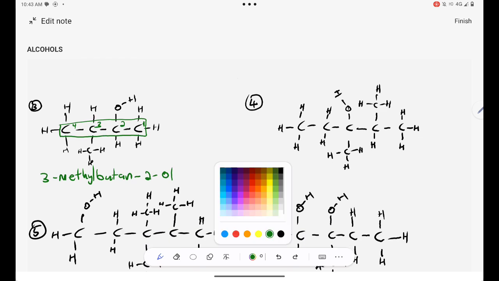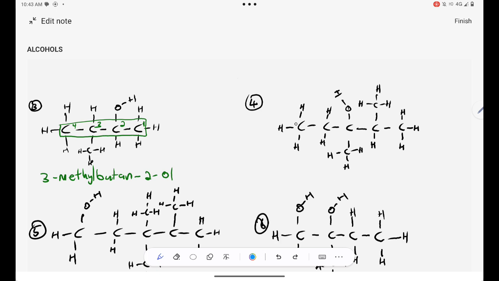Okay, now let's go to the fourth one. That's our parent chain over there. We must always start numbering our carbons from the terminal which is closer to the functional group. Are you together? In this case, whether I start from the left or from the right, my functional group will be at carbon number 3.